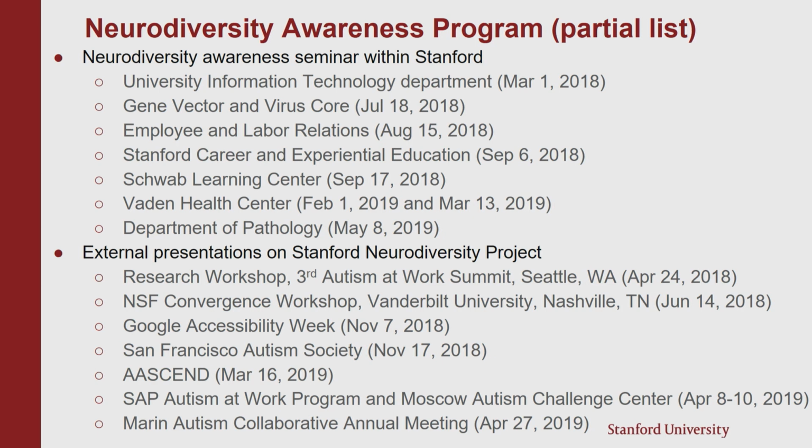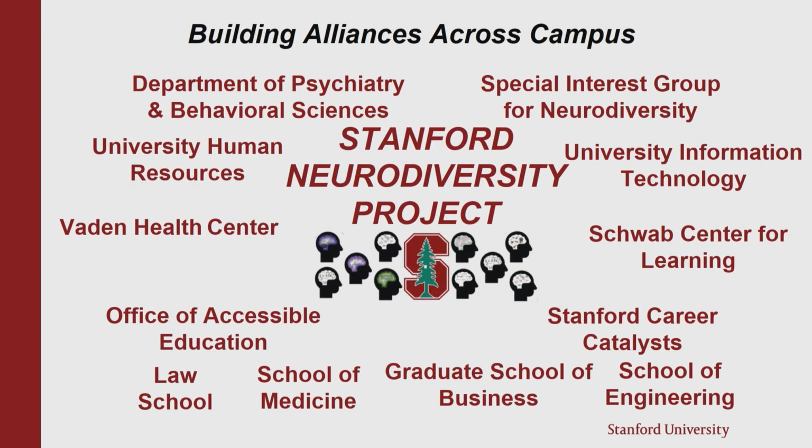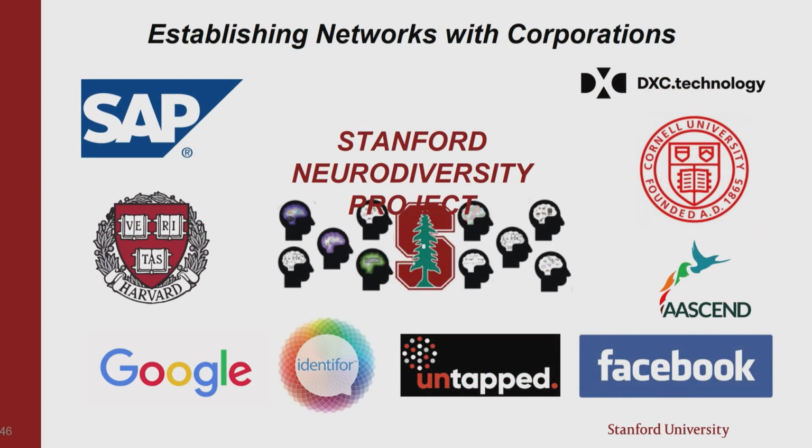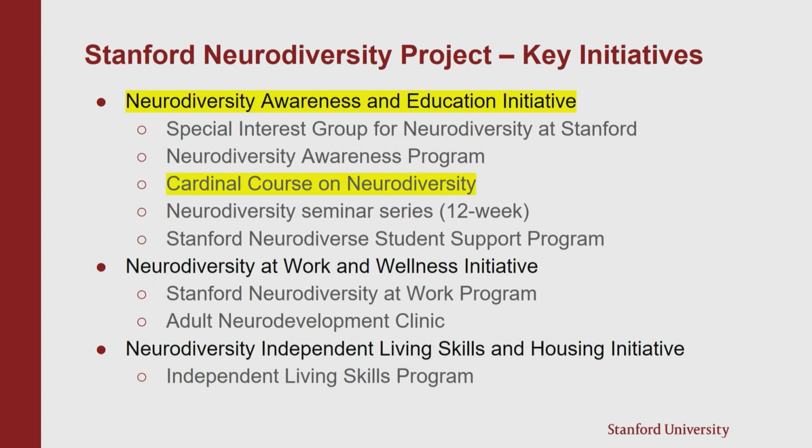And a few weeks later, I'll be going to Moscow, Russia, to talk about neurodiversity. So the idea is to really spread the word about neurodiversity across campus as well as outside campus. And we like to engage with corporations because they can help identify positions that can be available for neurodiverse individuals.